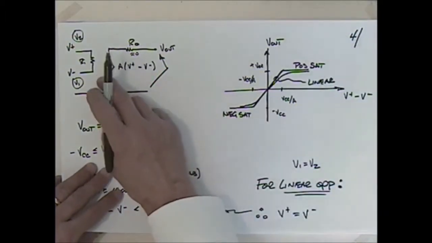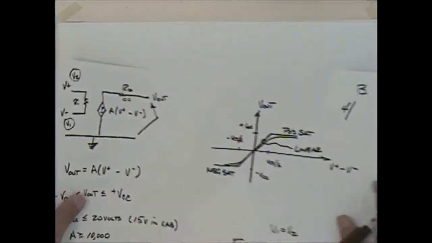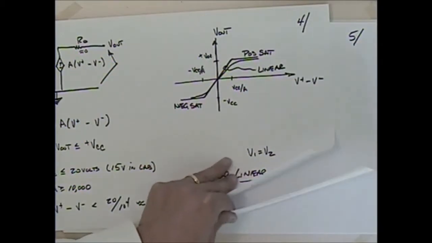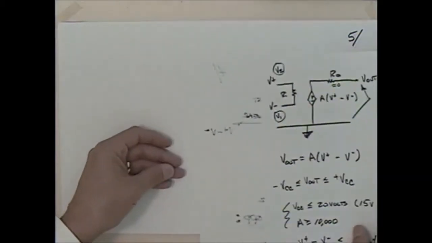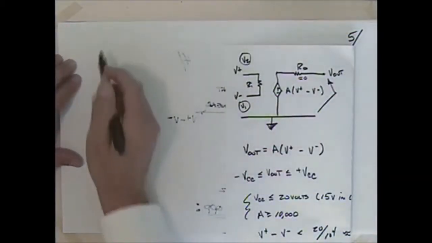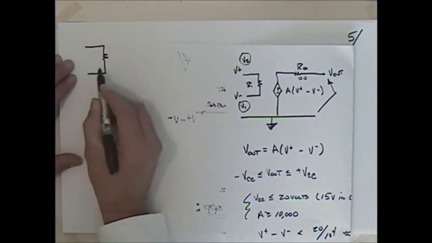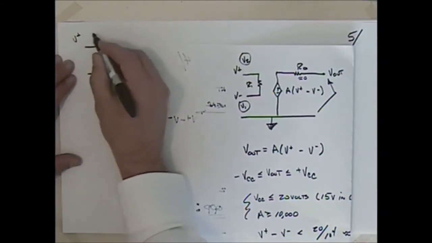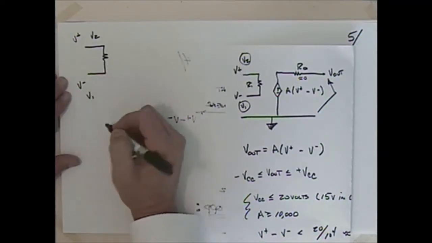Well, let's come back and look at this diagram here a little more. We had this resistor, and we had that V positive, or sometimes we'll call this V2, and we had V negative, sometimes we'll call that V1.